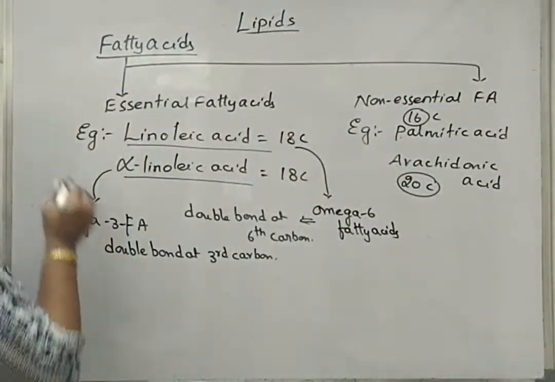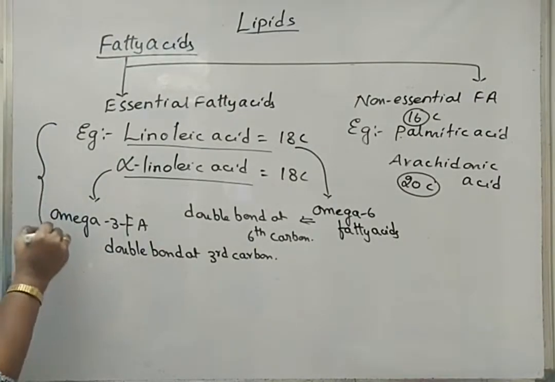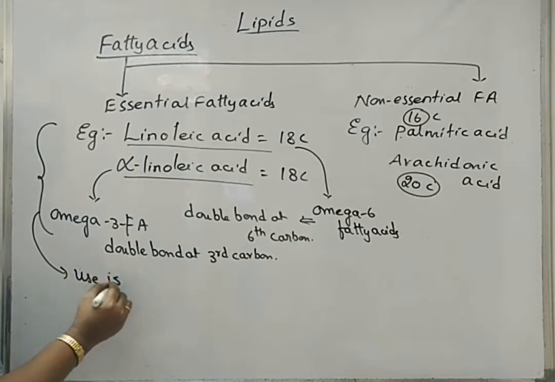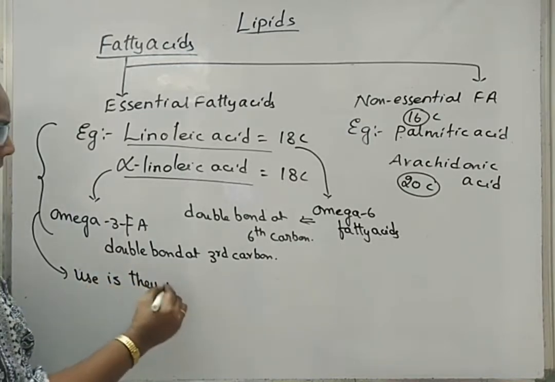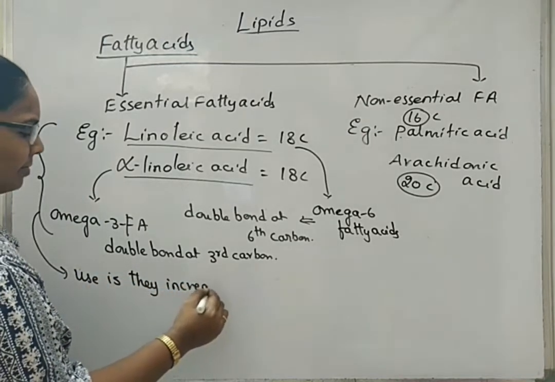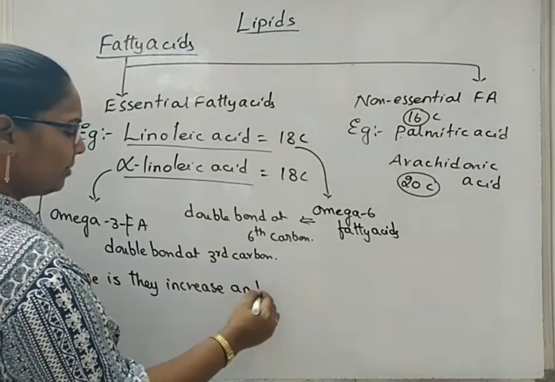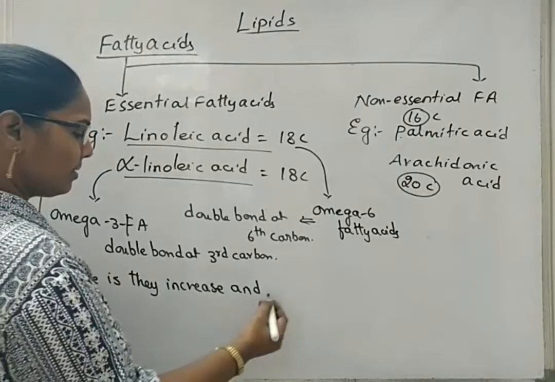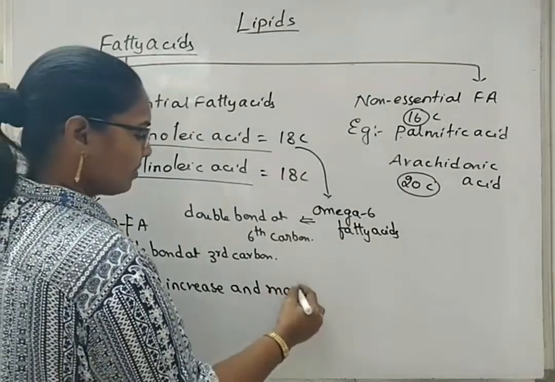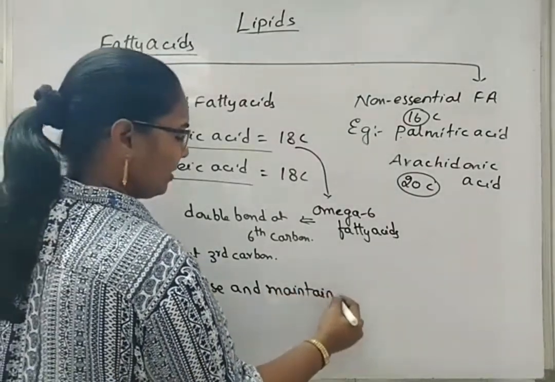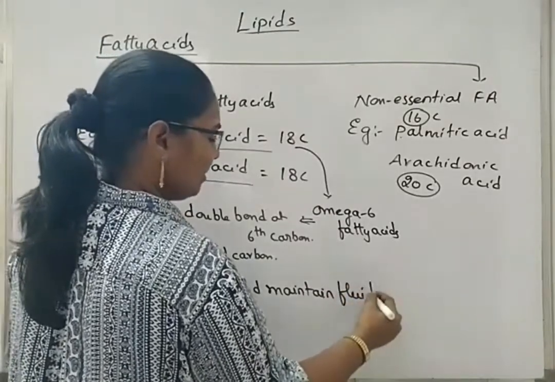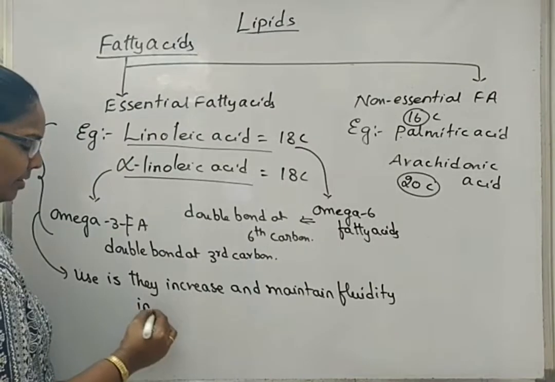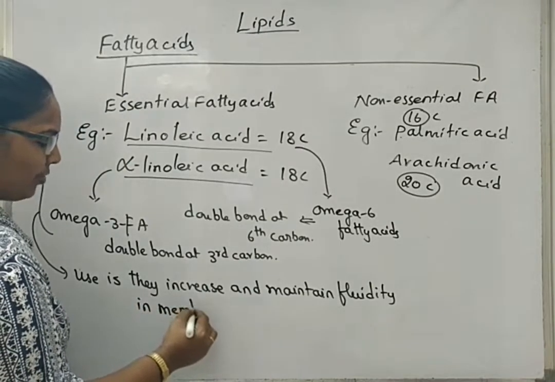What is the use of these two types, linoleic and alpha linoleic acids? The use is they increase and maintain fluidity in the membranes of animal cells. Maintaining fluidity means moisture condition in membranes of animal cells.